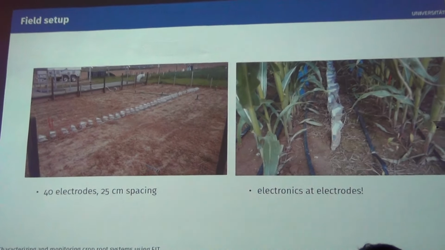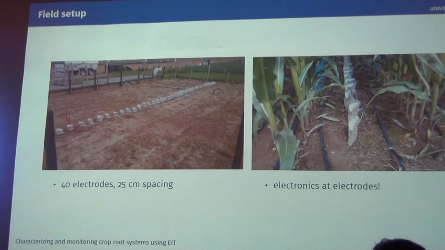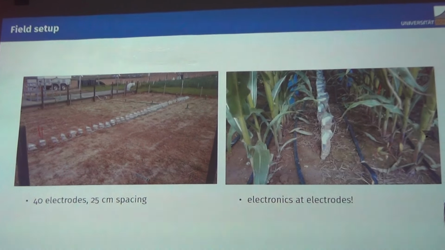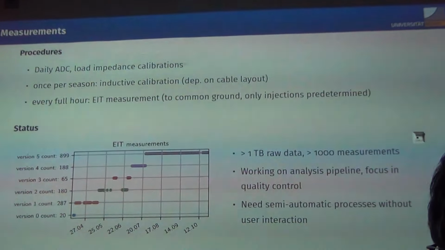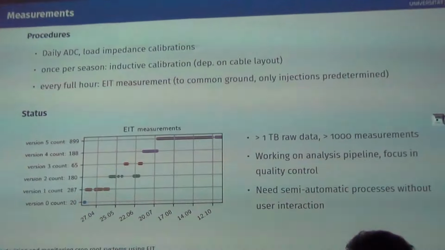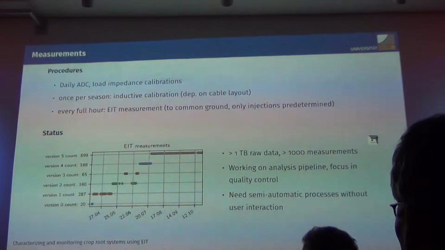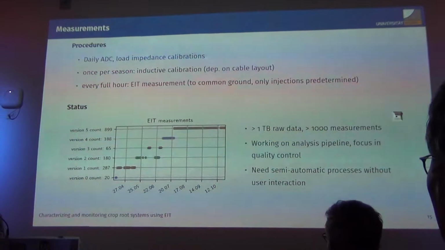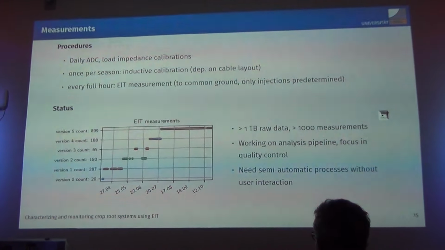The system we are working on now consists of 40 electrodes spaced 25 centimeters apart. You can see the electronics. It's quite a challenge to keep the water out of these. We are lucky to be able to do in situ calibrations of the system every day in terms of the electronics, internal stray capacitances, and even some load impedance calibrations, which allow us to develop quality checks for our measurements.